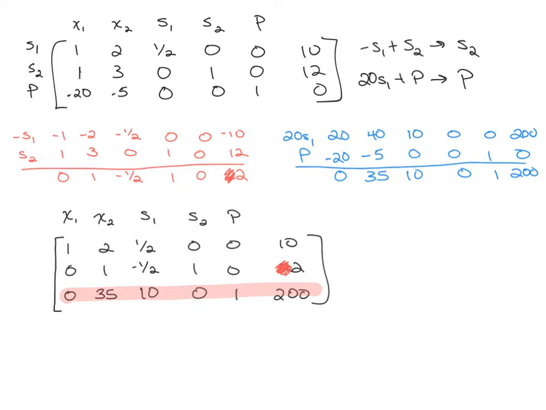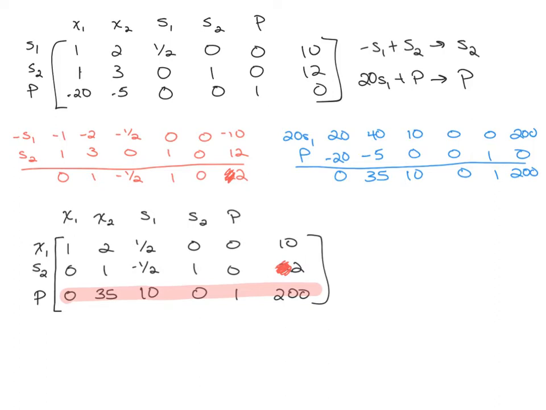So remember, the original 100 is underneath S1, so that means S1 now changes to x sub 1, x sub 2, and P. So the final answer here, again, we only are worried about the actual x variables here. And here we have the objective function being maximized.